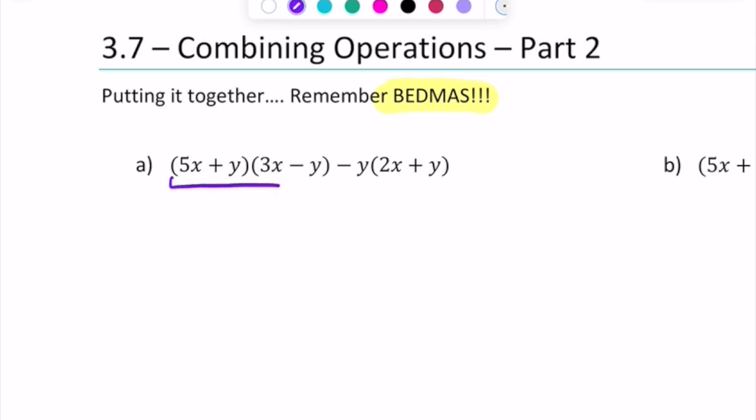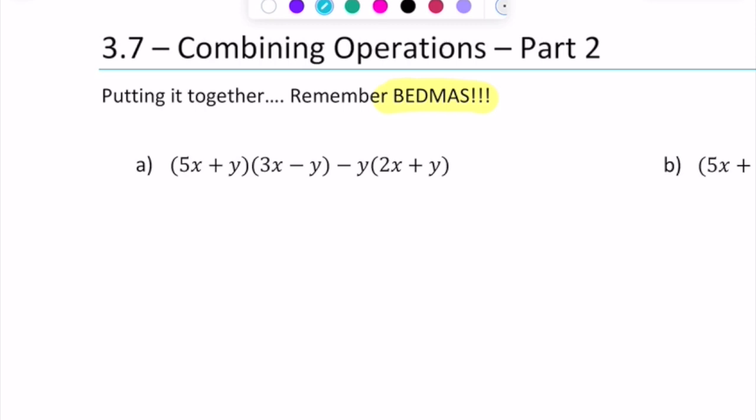So in theory, I could do this as a grid method, and this as a grid method, and then subtract my second answer from my first one, having to distribute the negative. The rainbow method tends to be a little bit easier or more efficient in that way.